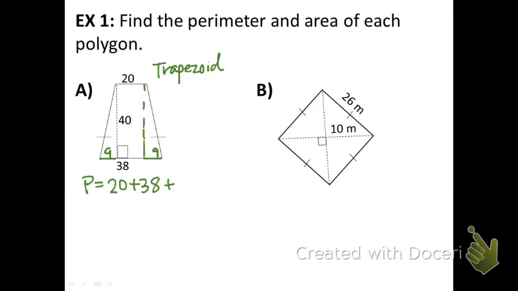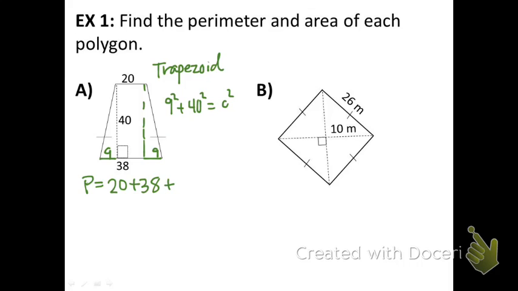Then we can use this right triangle. We can see that we have this right triangle here, and we can use the Pythagorean theorem to find that missing side. So we can take 9 squared plus the 40 squared and set it equal to c squared.